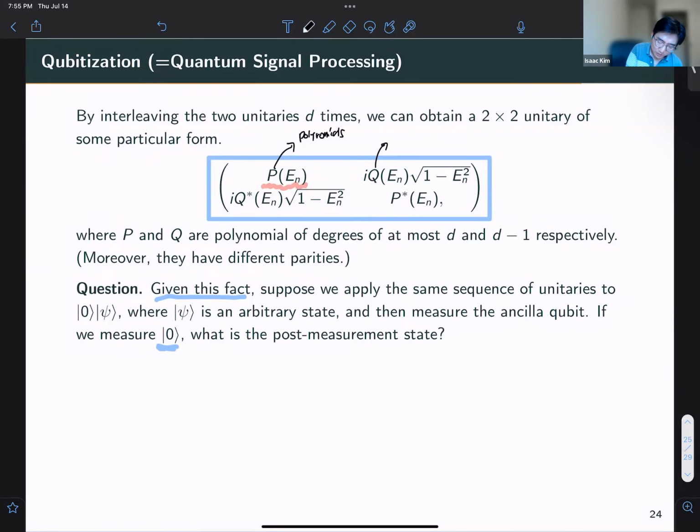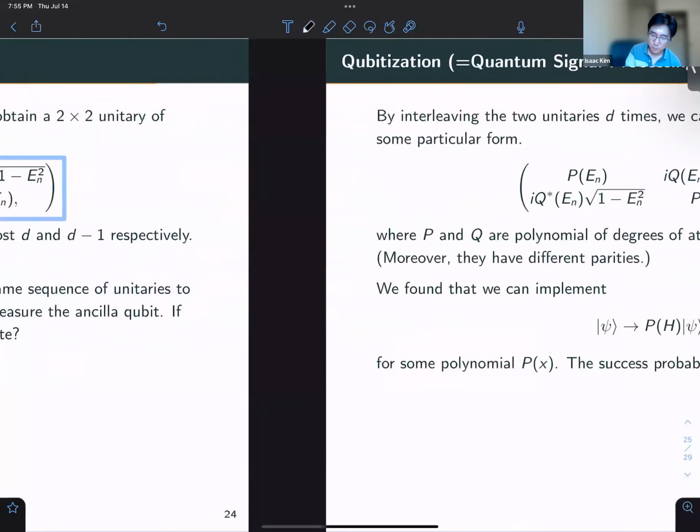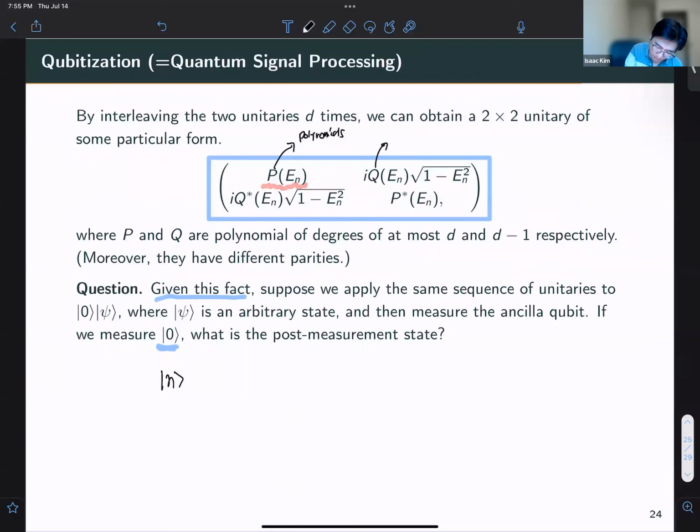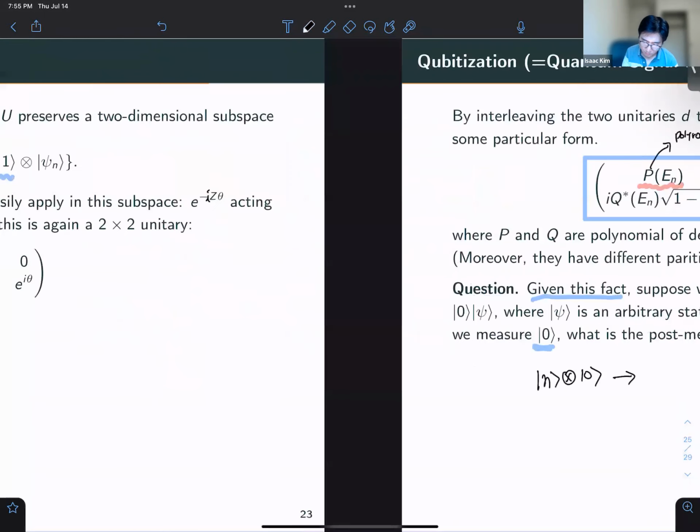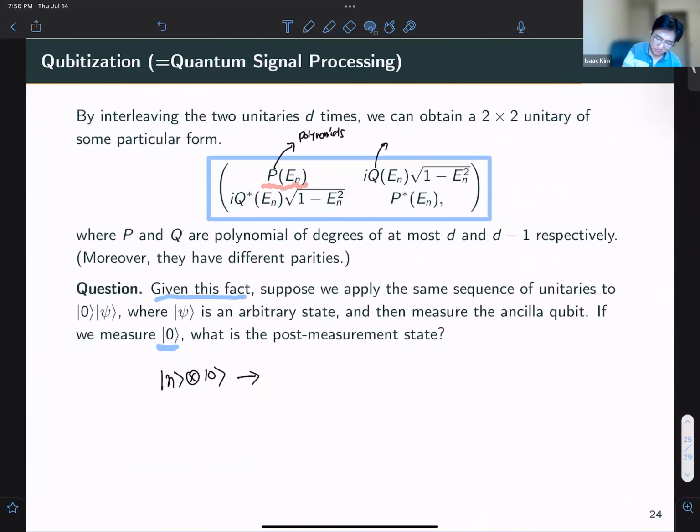Well, what we established is that if we start with 0 tensor n. Let me just go back to the previous slide. Yeah, I guess the setup was 0 tensor n. Then what we're going to end up having is P(En) i Q(En).